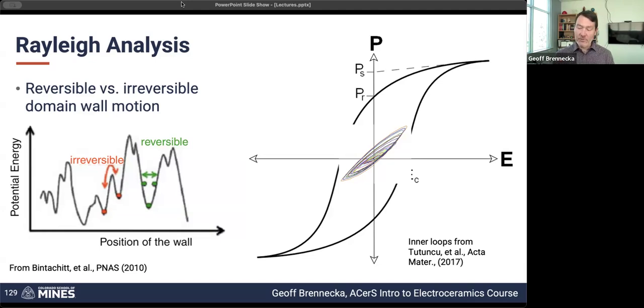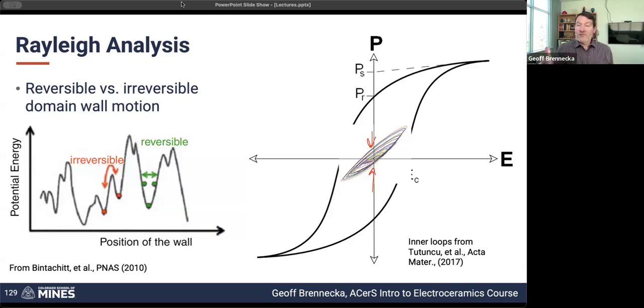So what you're doing is you're applying an electric field less than the coercive field. So we are applying a field and then reversing it, applying a field and reversing it, and then gradually increasing the value of that. And you'll notice that there's some width here. That's telling you that something is moving within the sample.